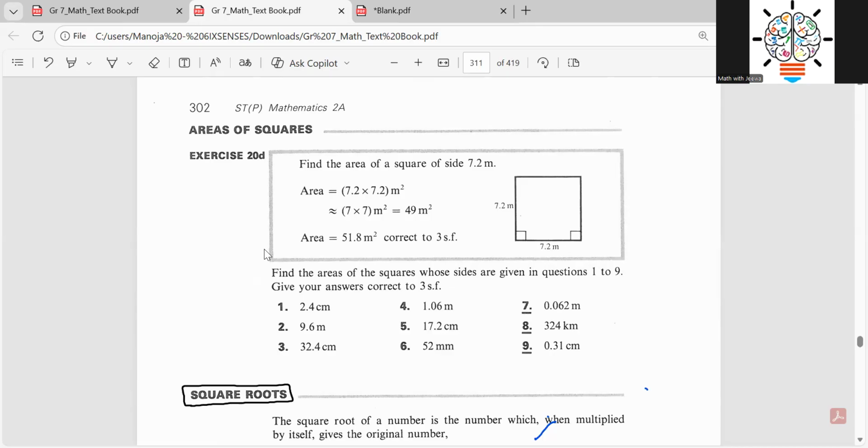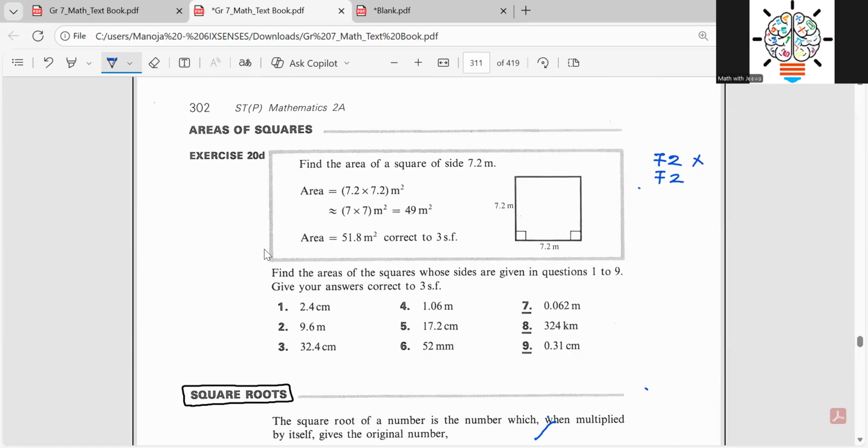That becomes 7, and 7 times 7 is 49. But if you multiply 7.2 and 7.2, this kind of answer we get, and they have corrected to third significant figure. I'll just show you, we just take 72 times 72. We'll see what they have done.